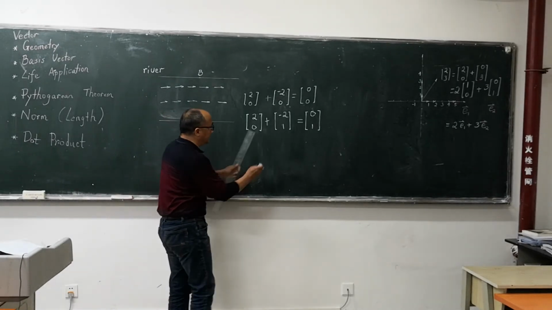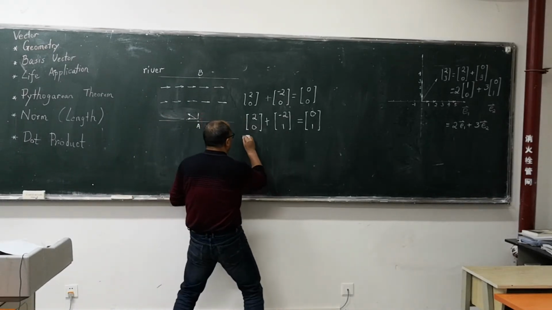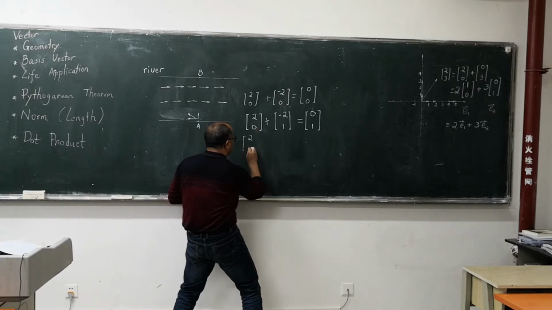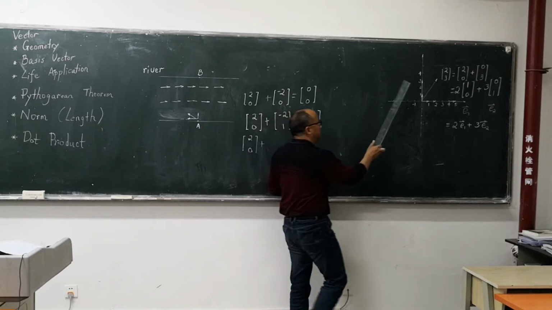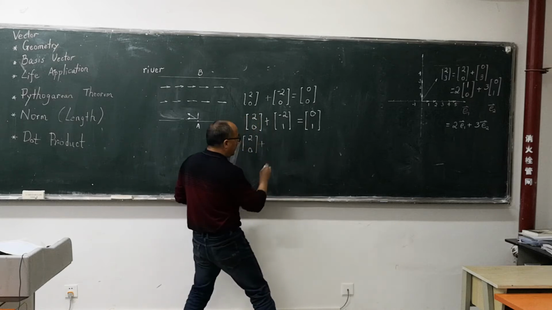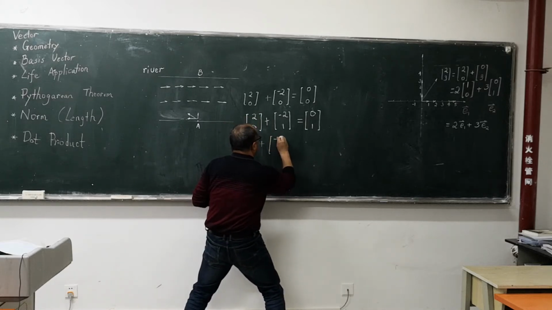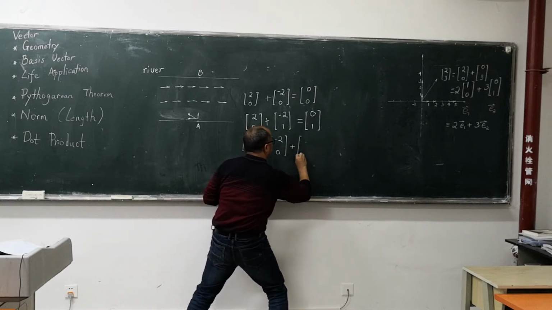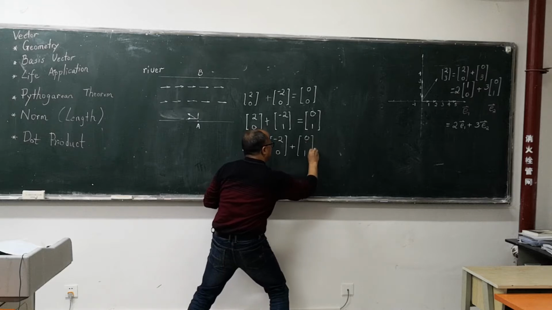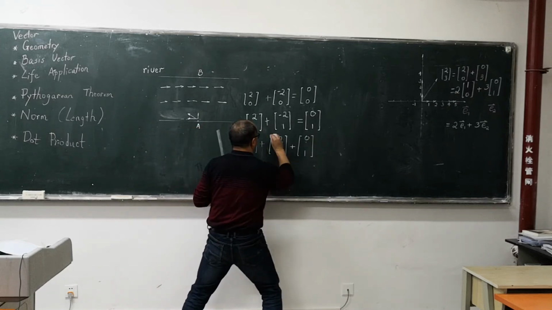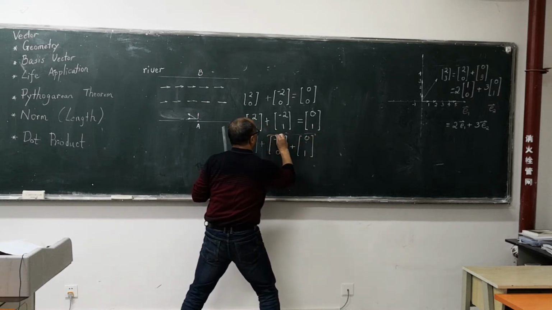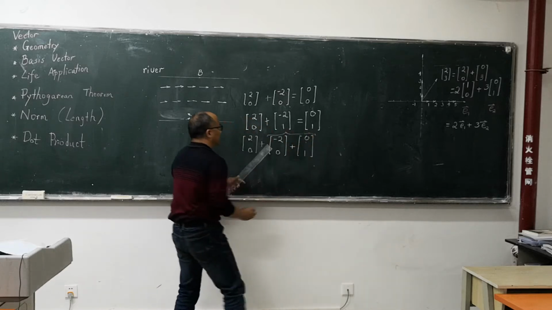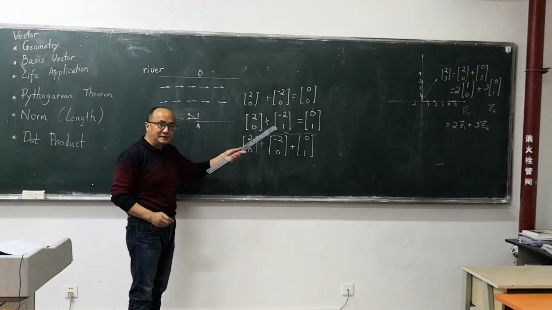You can look at this in terms of components. I copy this down, and now this can be two components. One is minus 2, 0, and one is 0, 1. The two form this.